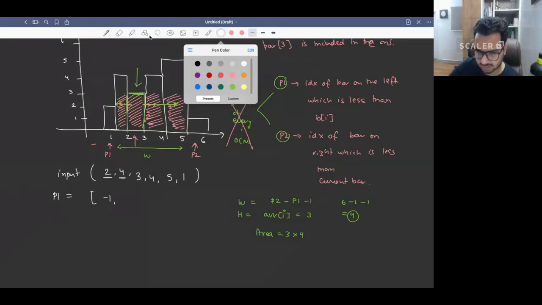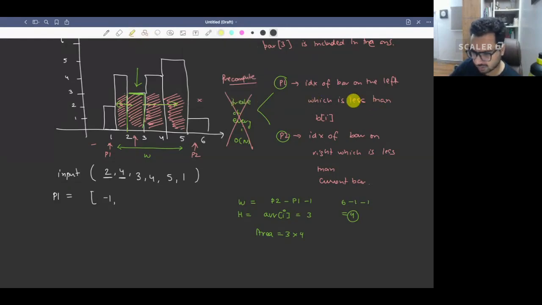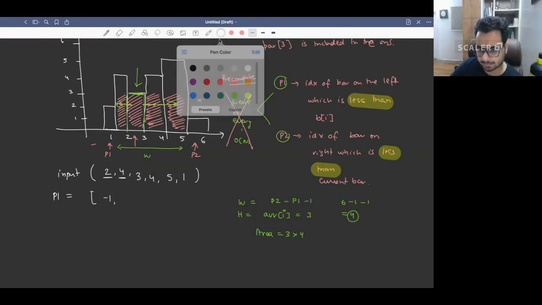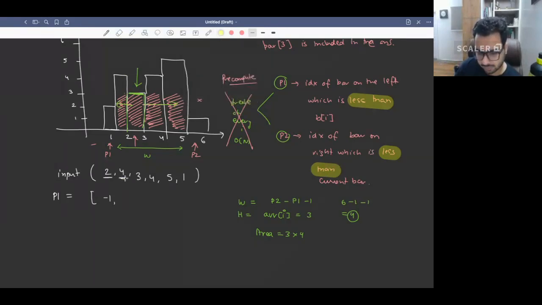Less than the current bar, right? Fine. Okay, for 4, the smaller element is 2, and its index is 0. So I'll store the index instead of the element. That is one change that we need to make. But anyways, you can do that change in the algorithm. Instead of storing the element, you can store the index.